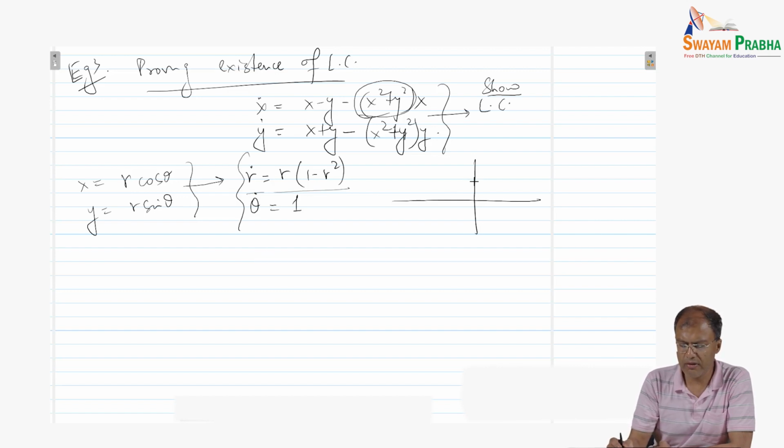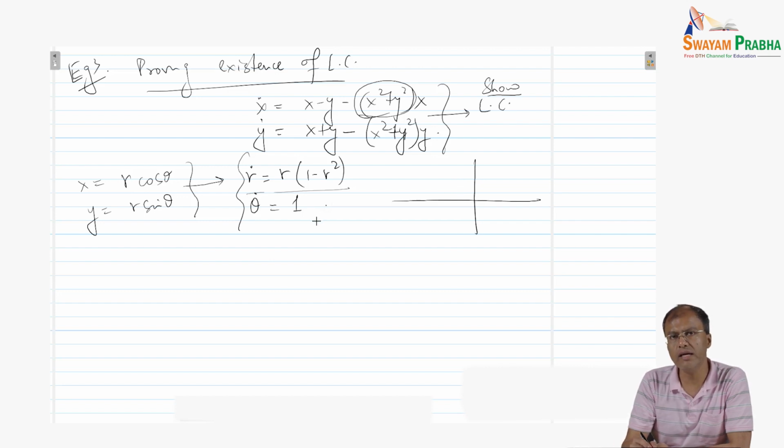Now, the idea is we have to show that this has a limit cycle. To show that there is a limit cycle in this system, we have to figure out a special region where the limit cycle might exist, right?